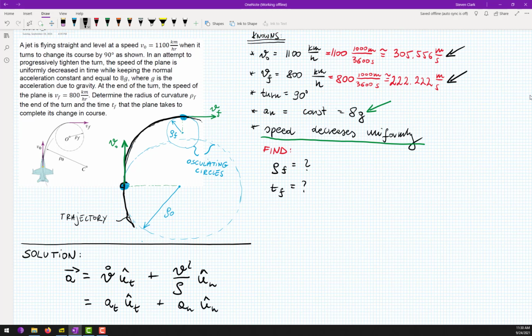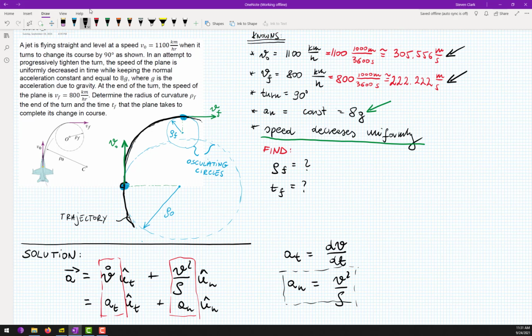We have our accelerations in tangential and normal directions. So I can write here that AT is equal to v dot, or dv dt, and our AN is equal to v squared over rho.